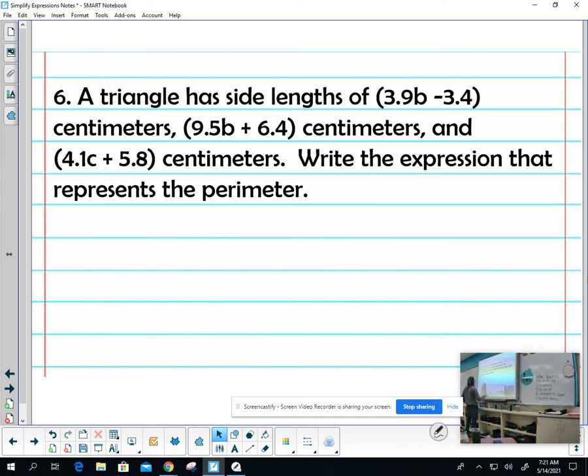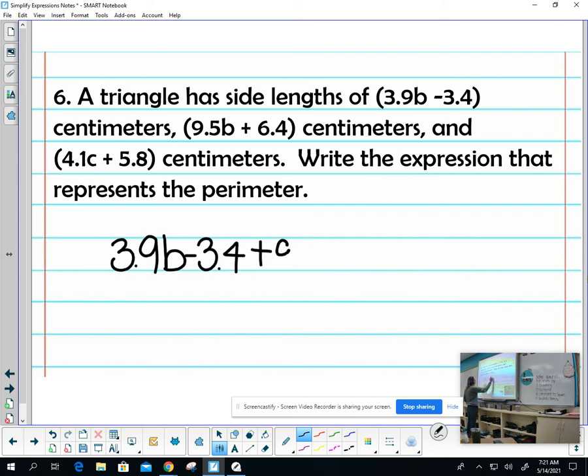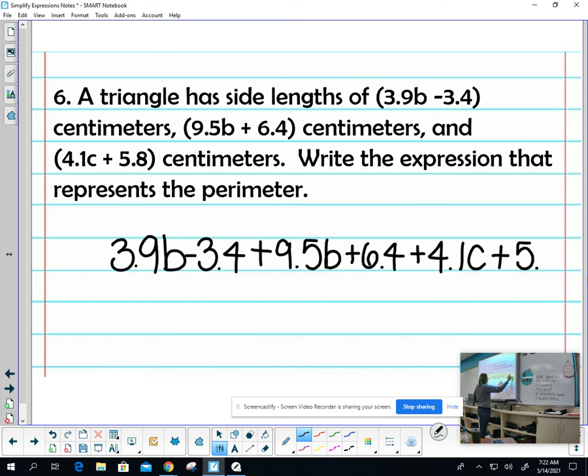I'm going to write this horizontally: 3.9b minus 3.4 plus 9.5b plus 6.4 plus 4.1c plus 5.8. Again, to get credit, you have to write all this out.